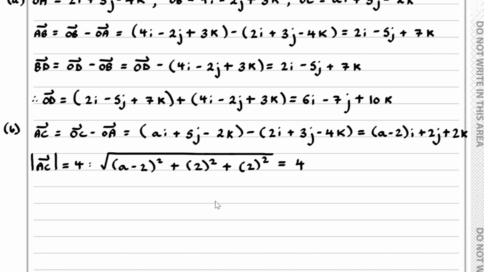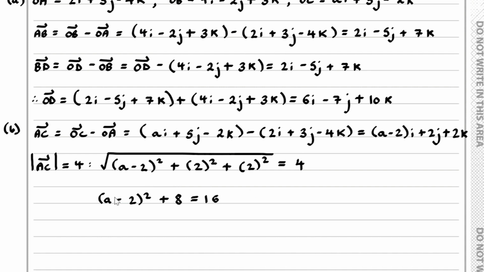That's equal to 4. Square both sides. We have a subtract 2 squared plus 4 plus another 4, so that's the same as adding 8. And that's equal to the square of 4, which is 16.